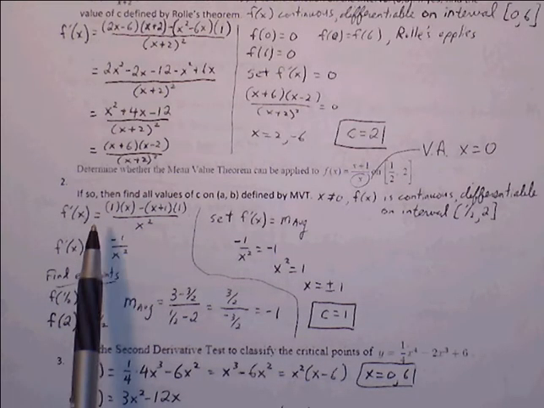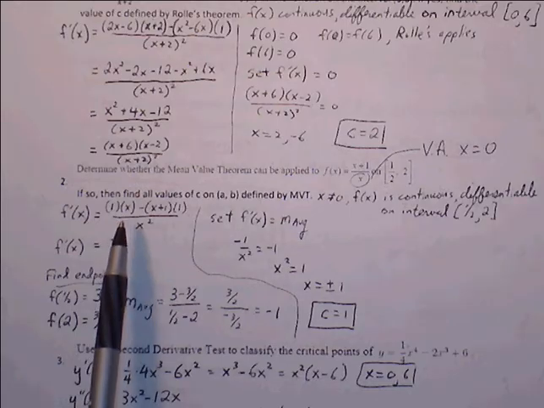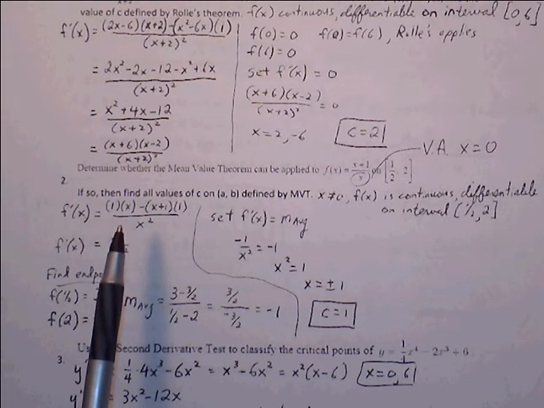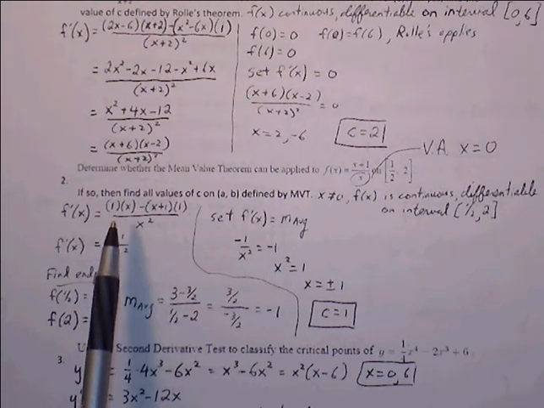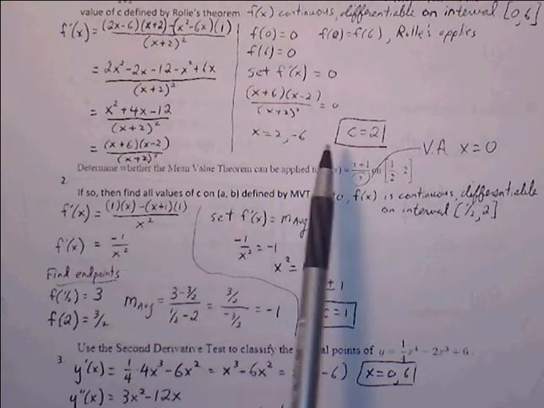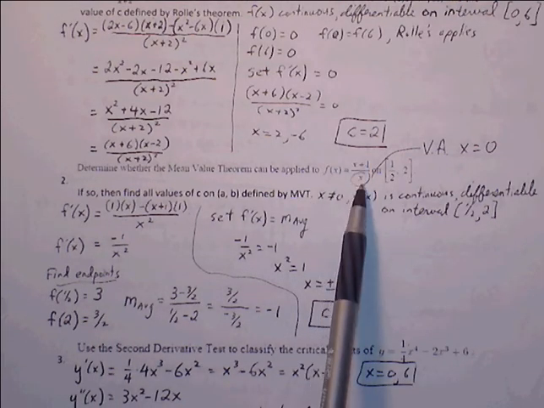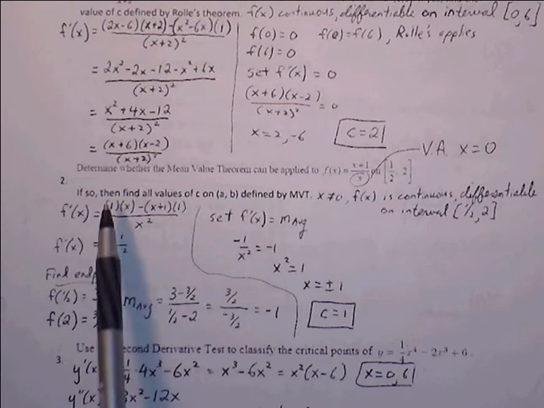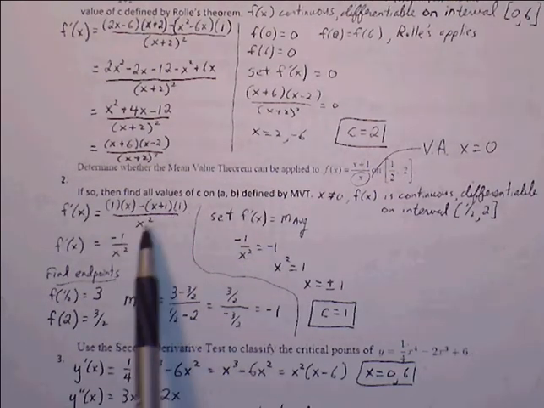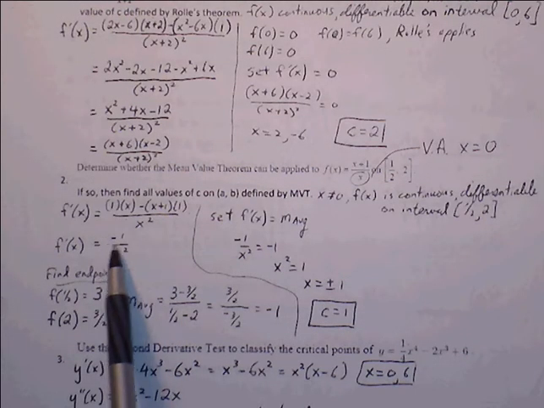All right, so now let's look at the derivative to see if there is any point where the slope is undefined, and then we check that point against the interval. To find the derivative, I'm going to use the quotient rule: f prime times g minus f times g prime, all over g squared. We clean this up, we get negative 1 over x squared.